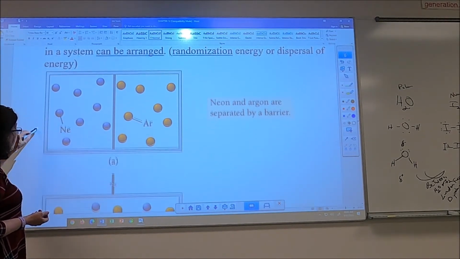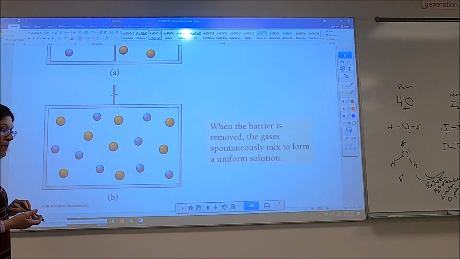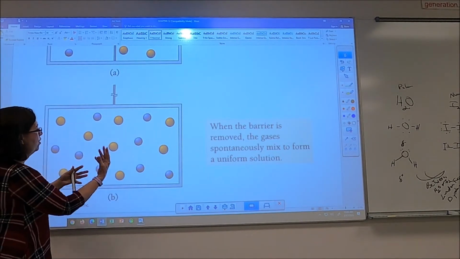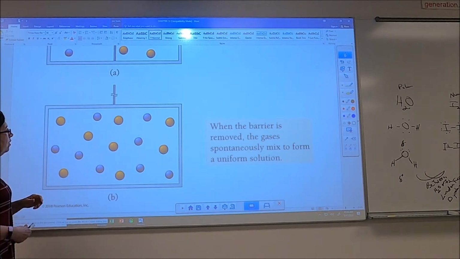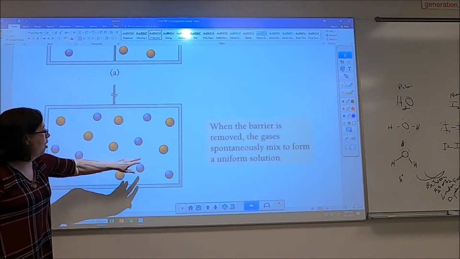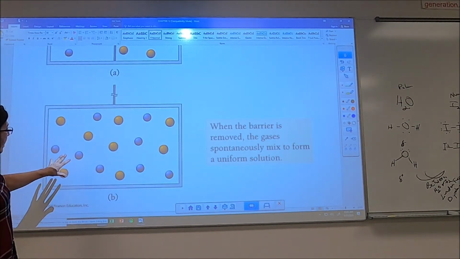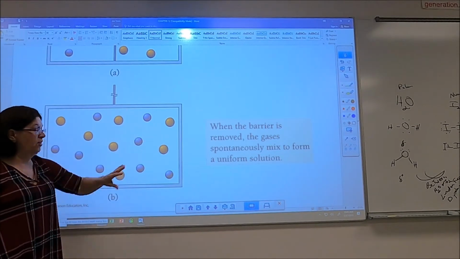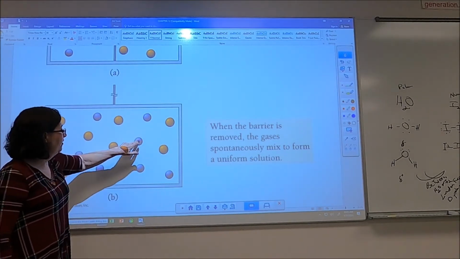All right? Now, if we were to pull out the barrier, pop it, remove it somehow, the particles can then move back and forth from one side to the other. So if we do that, think about if these argons were numbered and these neons were numbered, and think about the different ways that I could have them in these positions with the numbers: neon 1 here, neon 2 here, 3, 4, 5, 6, 7, 8.